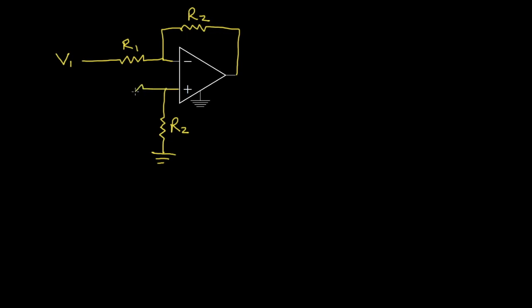And then I'll go out with another resistor of resistance R1 equal to this resistance, and I'll call that input voltage V2. So now we have two voltages input to this circuit, and the output I'll call V out.